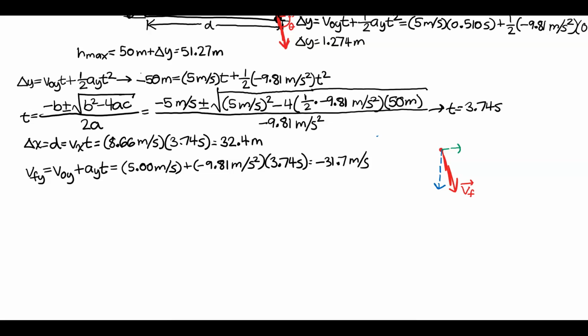So it turns out that the magnitude of the vector, vF without the arrow sign, equals the square root of negative 31.7 meters per second squared plus 8.66 meters per second squared. And what do we get as a result?